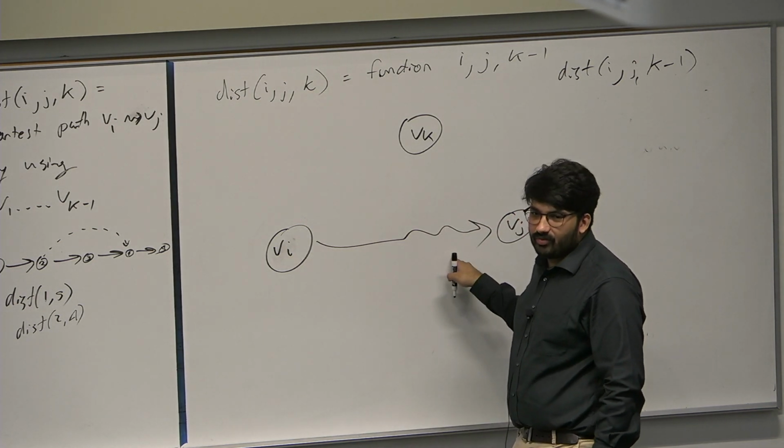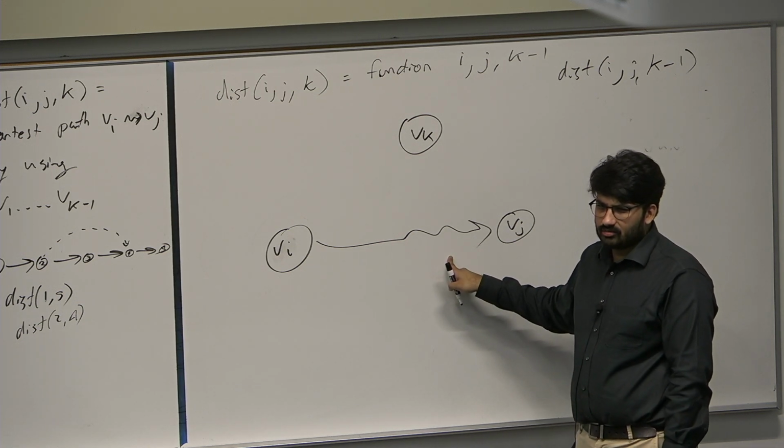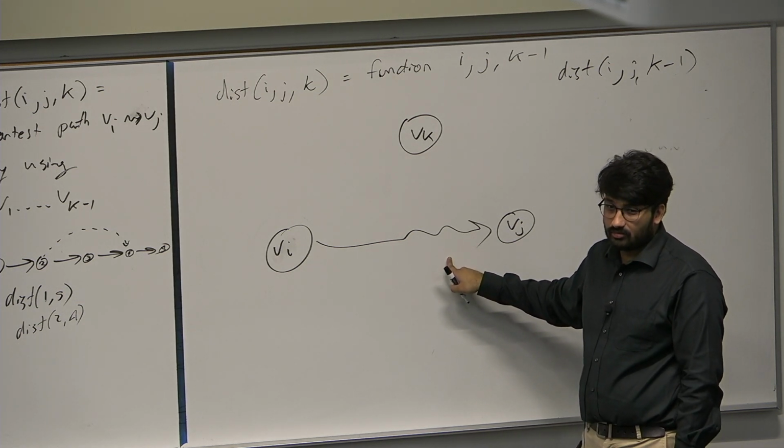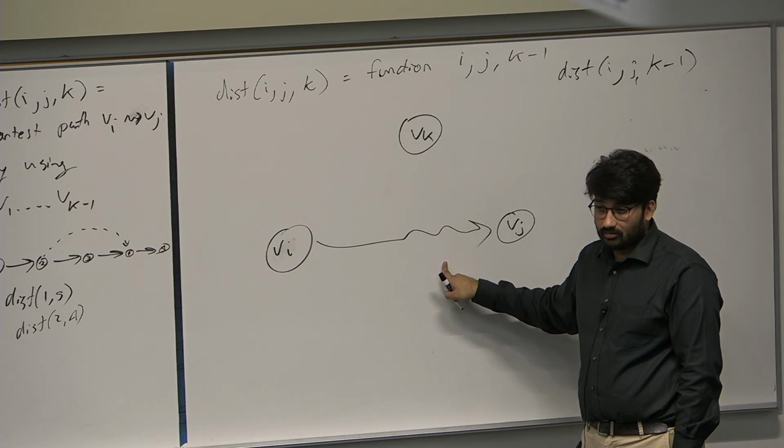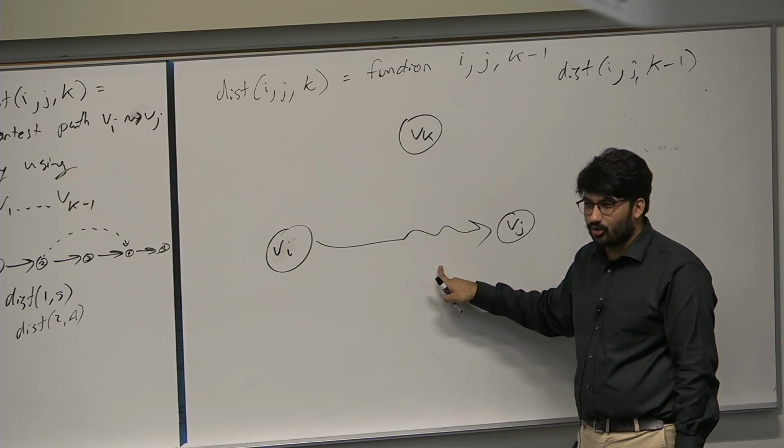What is this path from vi to vj that doesn't go through vk called? It explicitly does not go through vk.